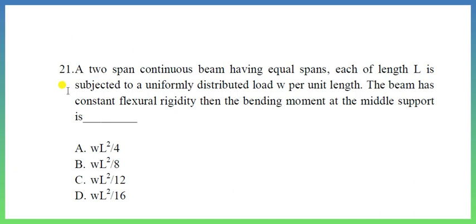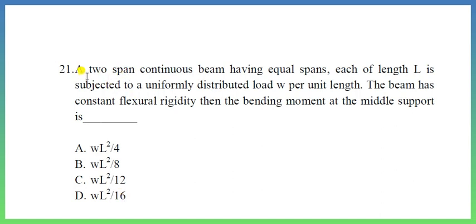So next one, a two-span continuous beam having equal span, each of the length L is subjected to UDL load W per unit length, and the beam has constant flexural rigidity, then the bending moment at middle support is option A, WL square by 4, B, WL square by 8, C, WL square by 12, and D, WL square by 16.